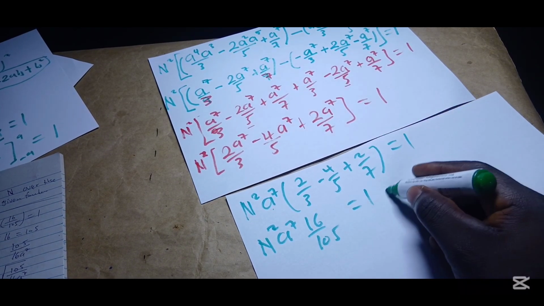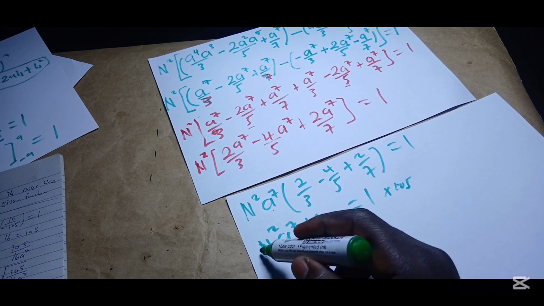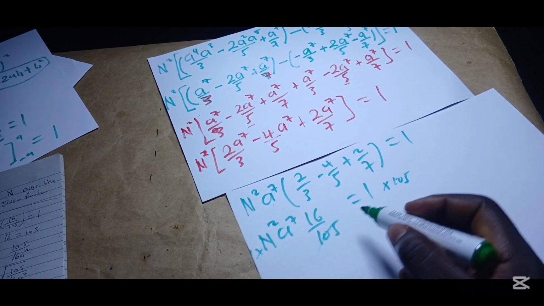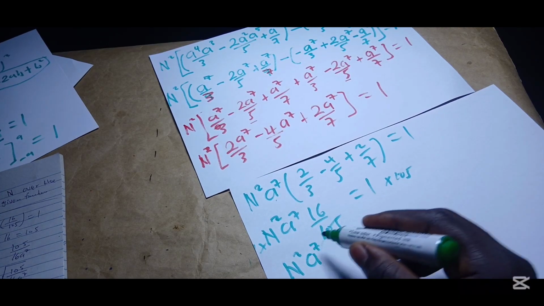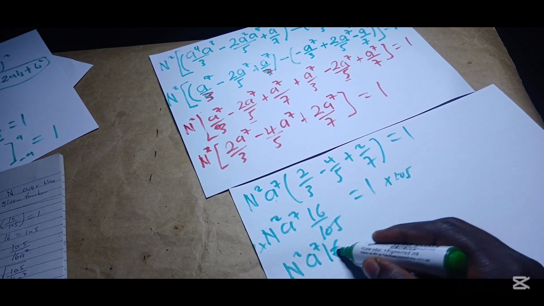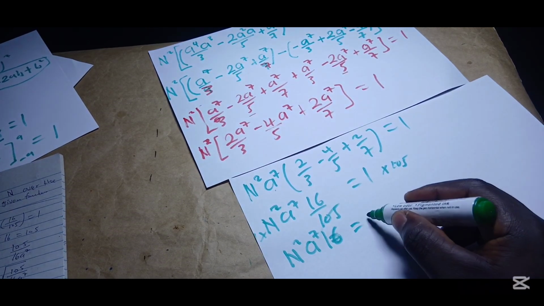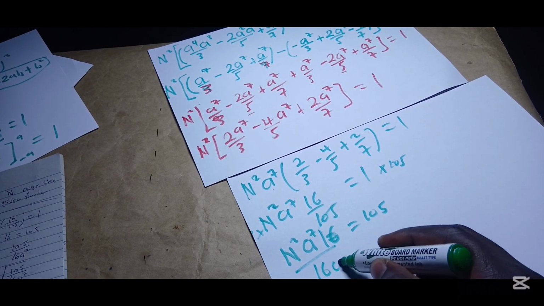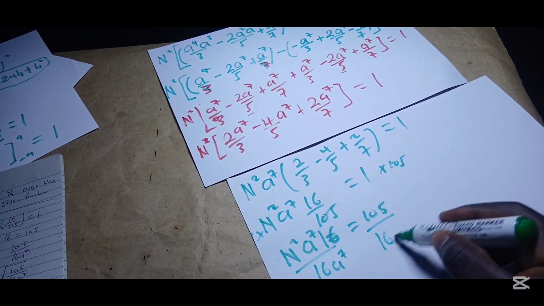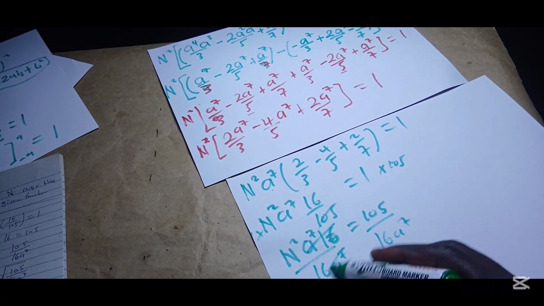So now let's multiply both sides by 105, so that 105 will take care of 105 here. So we are left with n to the power 2, a to the power 7, multiplying 16 equal 105. So let's divide both sides by 16a to the power 7. This will get rid of that.